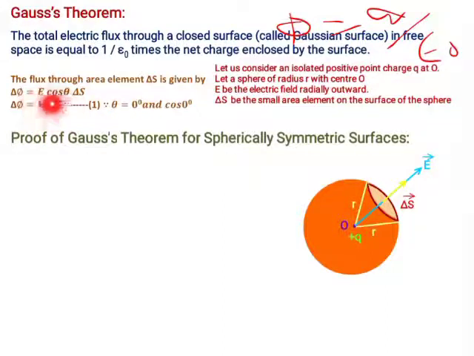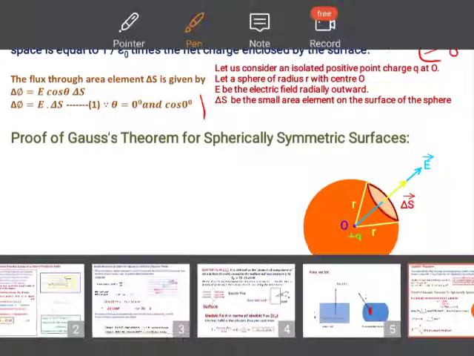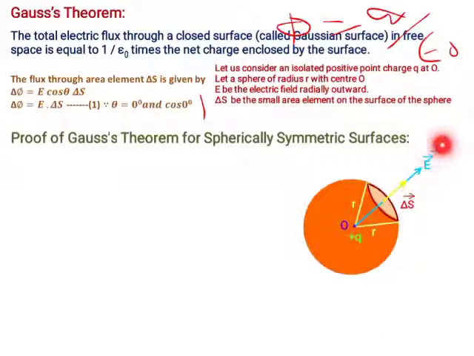Why not cos theta here? Because suppose we assume theta is equal to 0 degree, then cos 0 is equal to how much? It is 1. Why is cos 0 equal to 1? Just carefully see the direction of electric field E and this yellow color line that shows the direction of area vector or surface area.